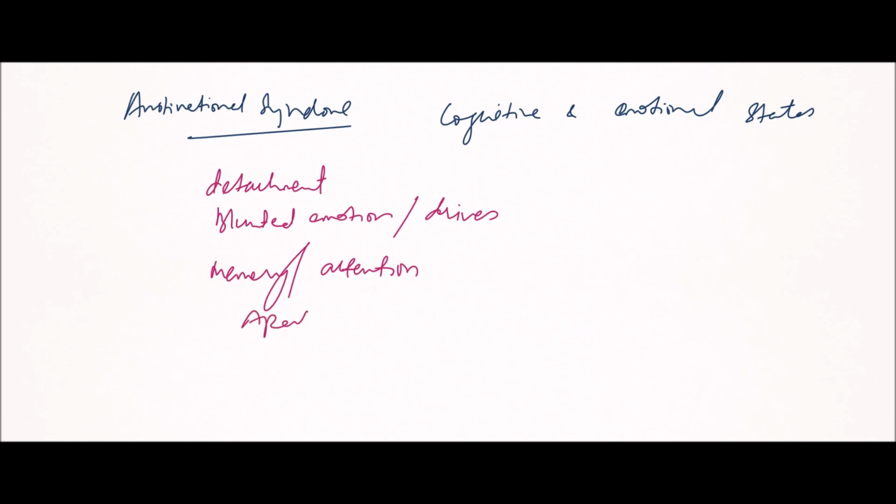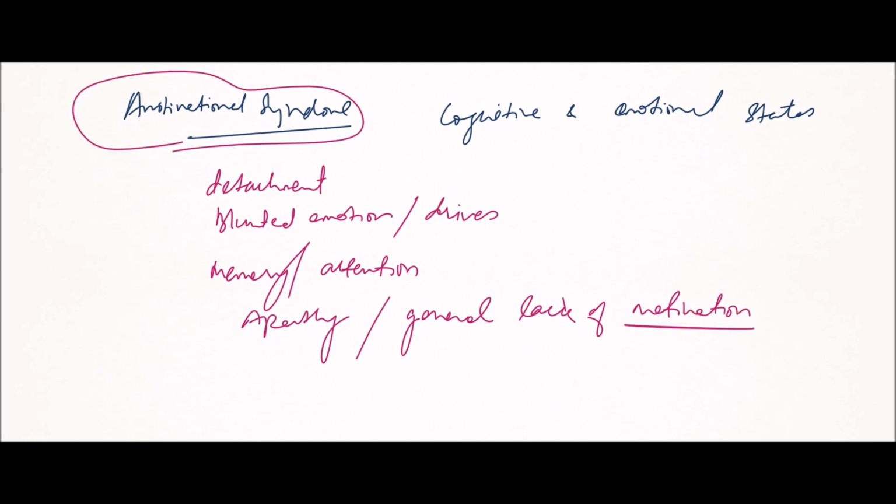There may be apathy and a general lack of motivation. This amotivational syndrome is seen in chronic cannabis consumers.